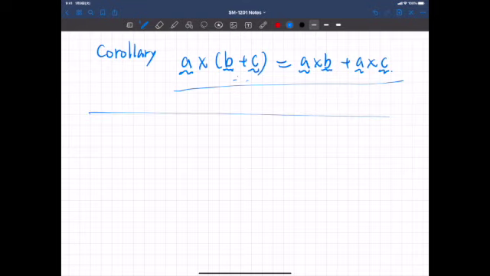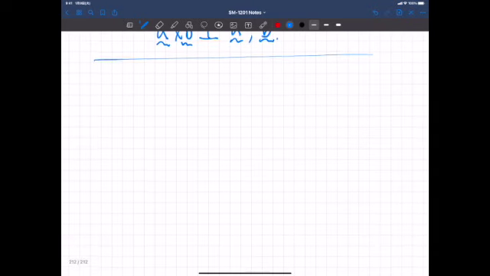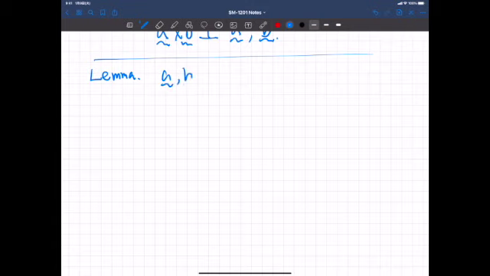All right, now we know that A cross B is perpendicular to both A and B. And there are more geometric meanings to the cross product, which we will explore now. The first step is to prove this lemma. A and B are of course three-dimensional vectors.